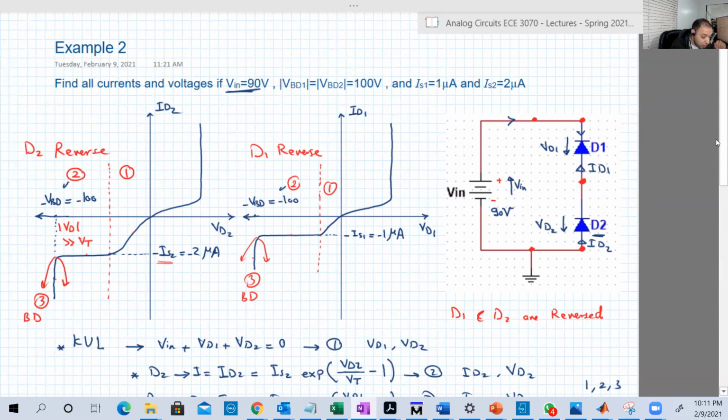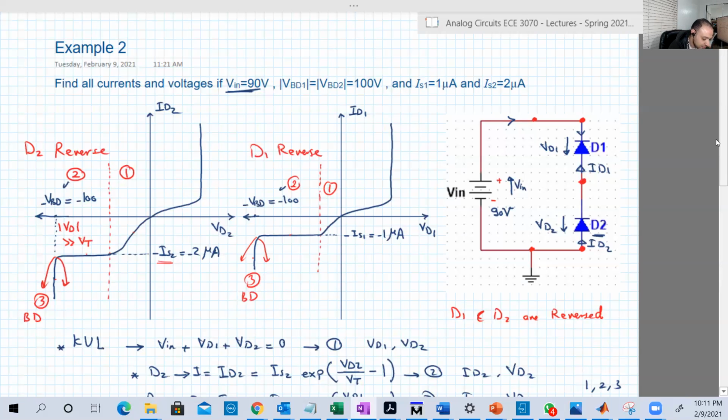The breakdown voltage for both of them is 100. Remember, our diode is a passive element. It needs a source to give it its voltage drop. And remember also, you cannot have an element in your circuit that has larger voltage than the input.